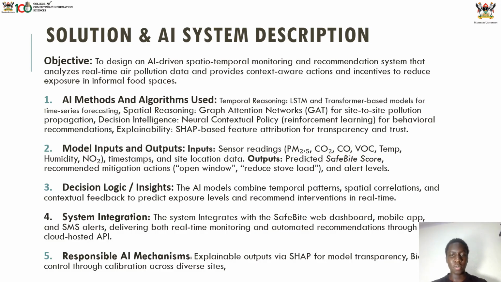For temporal reasoning, we used LSTM and transformer-based models for time series forecasting. For spatial reasoning, we used the graph attention network (GAT) for site-to-site pollution propagation. For decision intelligence, we use a neuro-contextual policy, which is reinforcement learning for behavior recommendations, and for explainability, we use SHAP-based feature attribution for transparency and trust.